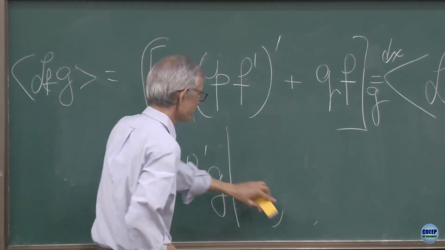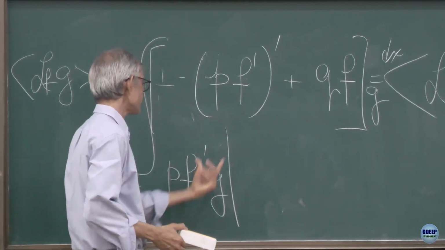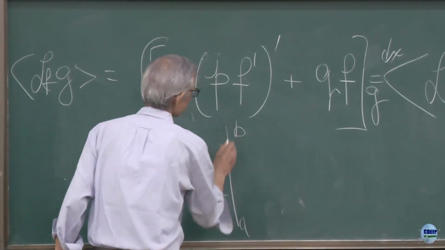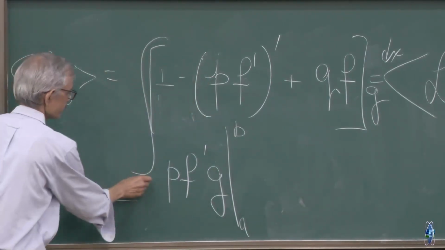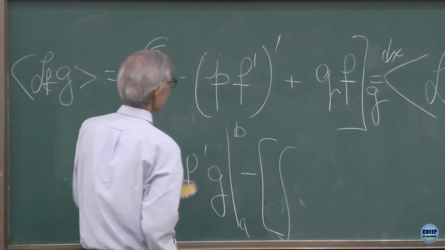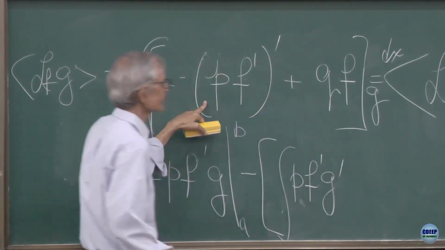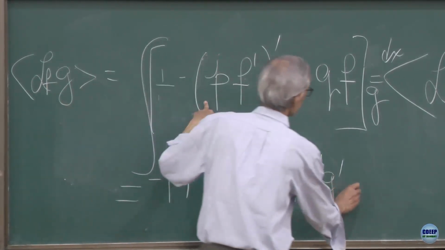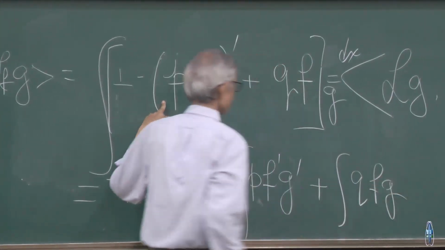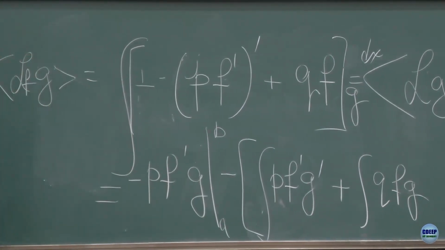So g times p of f prime, evaluated from a to b. That's one of my terms, minus the integral of the second, which is this, times the differential of the first, which is that, plus the integral of q f g. Okay. So I've just opened this guy up, nothing else I have done.